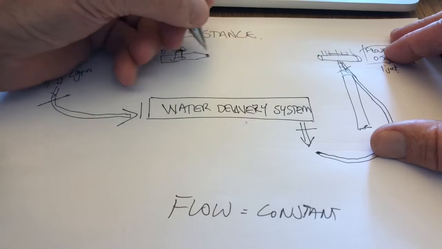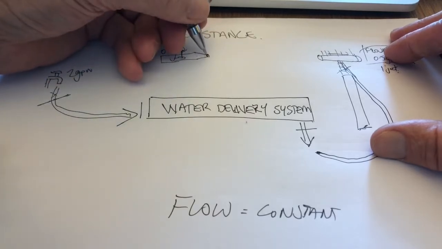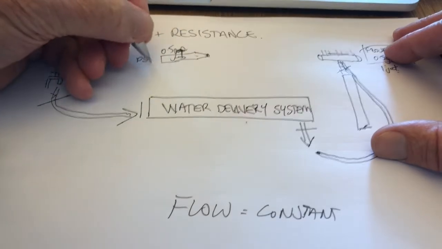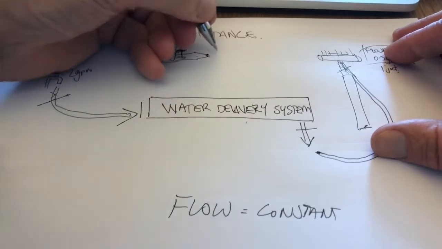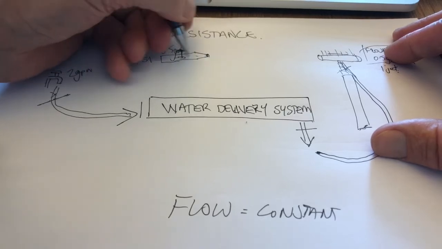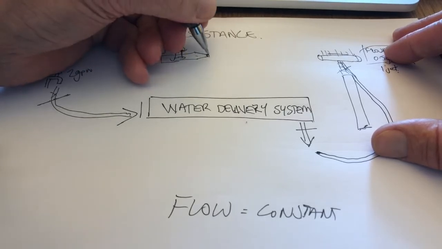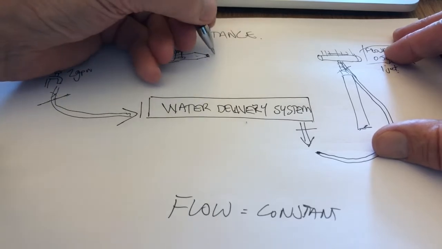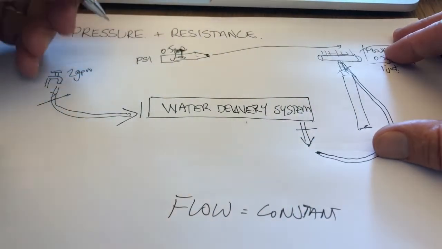That's your resistance. So because it can't get through that jet easily, it creates a back pressure, and that's what creates your PSI, that's your pressure, right? So in order to get through there, trying to push 0.5 gallons per minute through a 1/24 inch hole, that water is going to squirt like crazy, right?